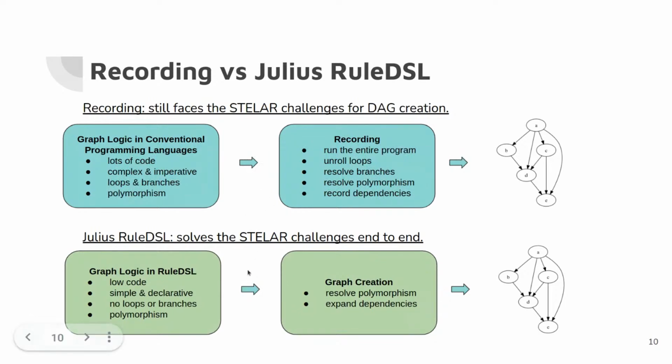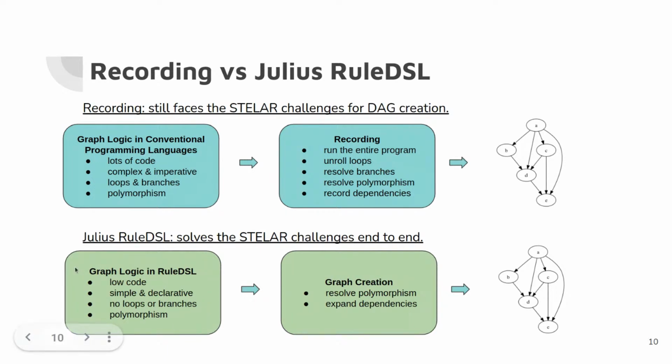In comparison, using the root DSL, we have a low-code syntax that directly maps to the graph topology. It just defines nodes and dependencies. It doesn't support many of the complex language features like functions, loops, if statements, whatever. But it does support polymorphism, because we do want to build different pipes according to different data types. That dynamic behavior is important.